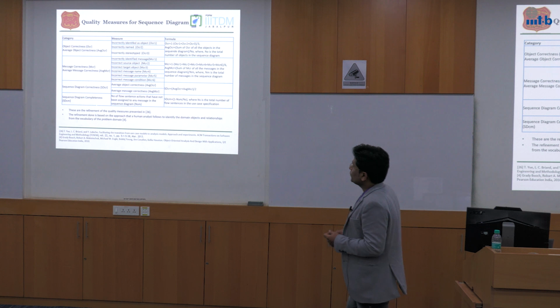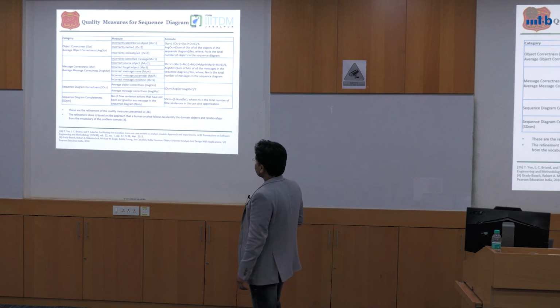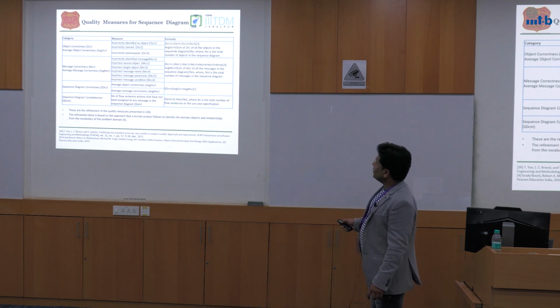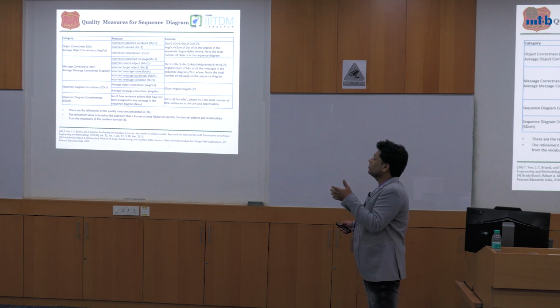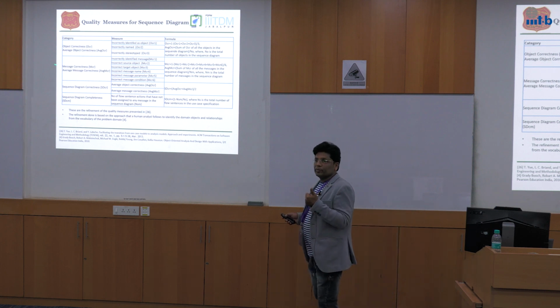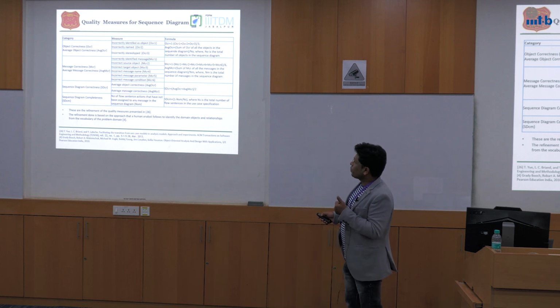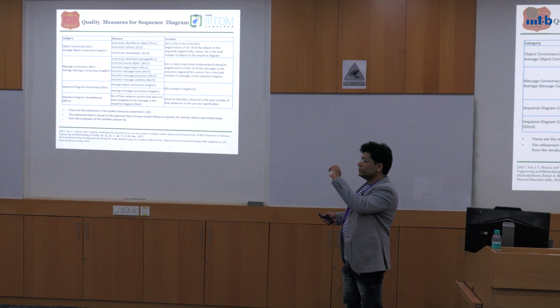And for the sequence diagram completeness, we use this particular measure: the number of flow sentences that have not been assigned to any message in the sequence diagram. How do we calculate this completeness? Suppose we have 10 sentences in a use case specification. For each sentence, we check whether that particular sentence is mapped into a sequence of messages or not, right?